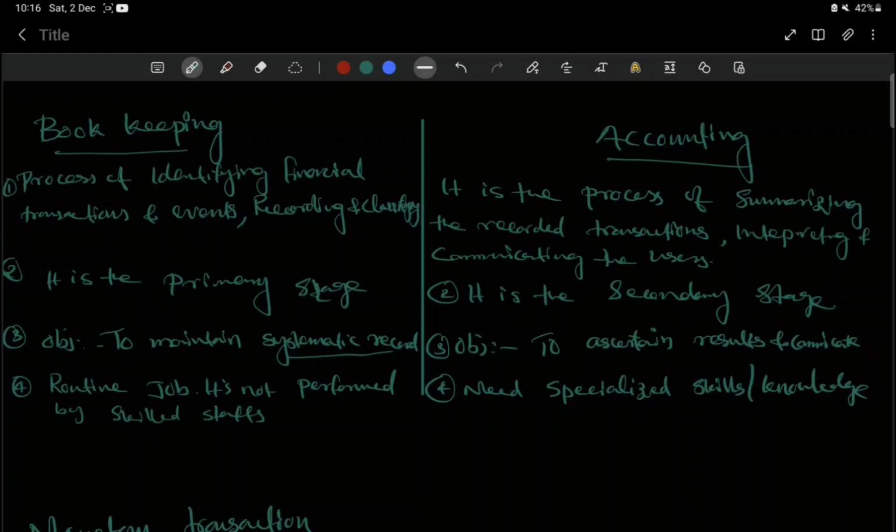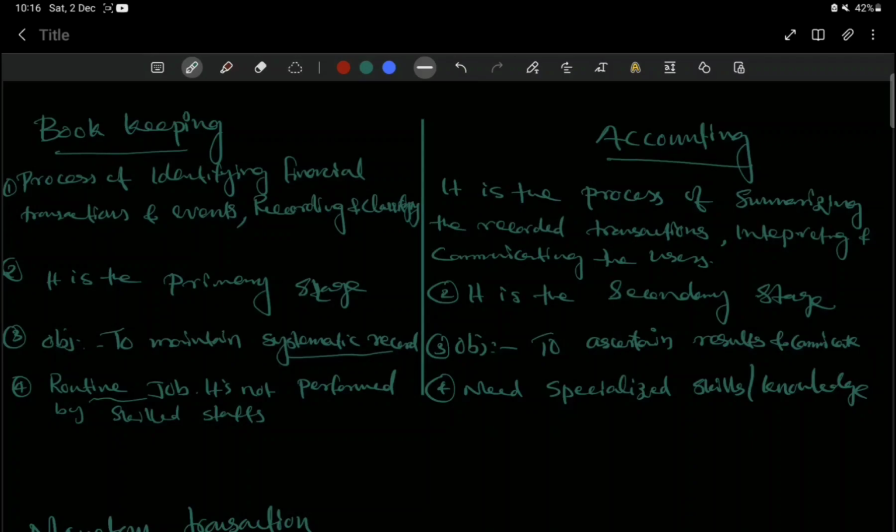Then we can say bookkeeping is a routine job. Day to day, whatever transactions are coming, we are recording in our books, right? That is a routine job. We don't need any specialized skills or knowledge here. It's not performed by skilled staff. Anyone can perform it, right? We can identify and record easily. But accounting is not a simple job, right?